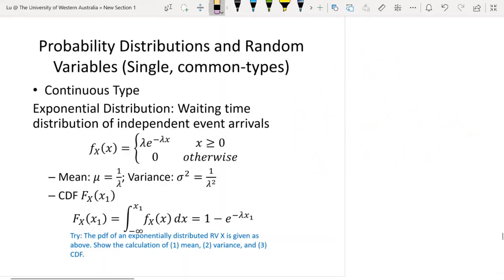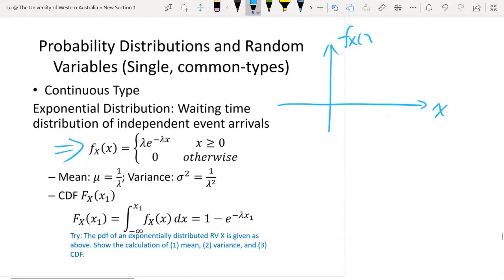this exponentially distributed random variable? See here, we have its PDF. The shape of the PDF curve, with X as the x-axis, looks like this. The curve of the exponentially distributed random variable is an exponential function.